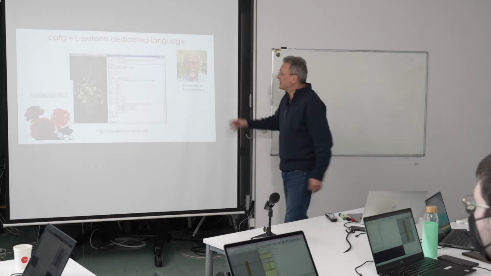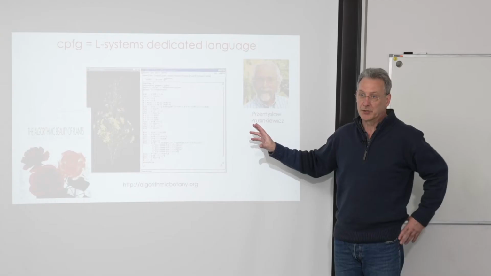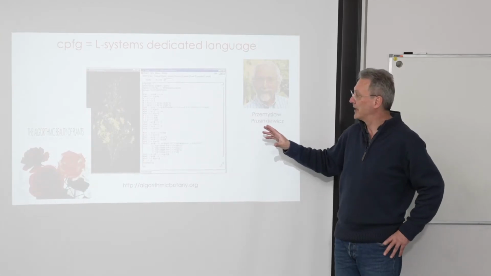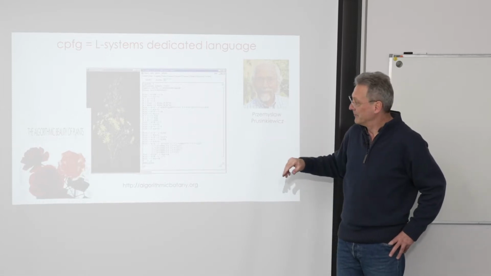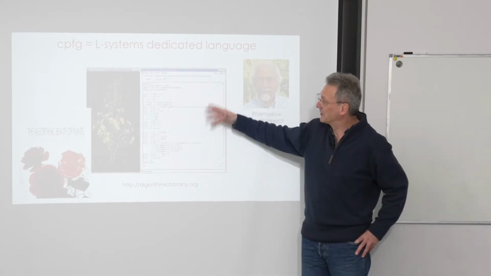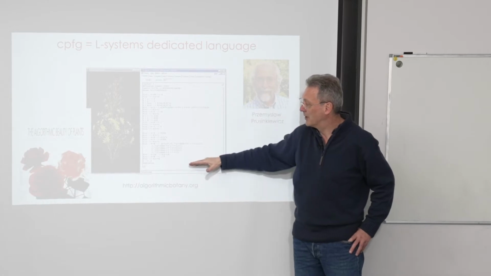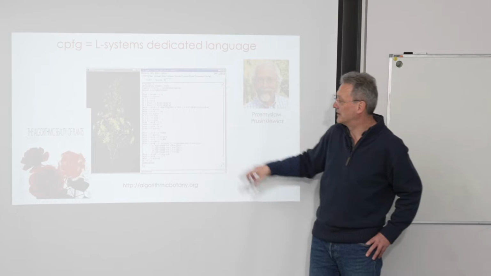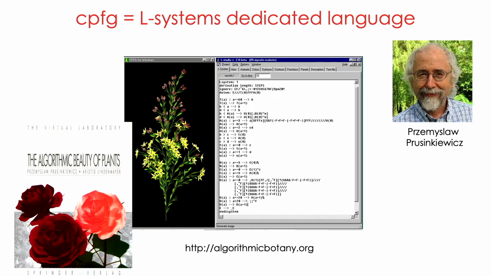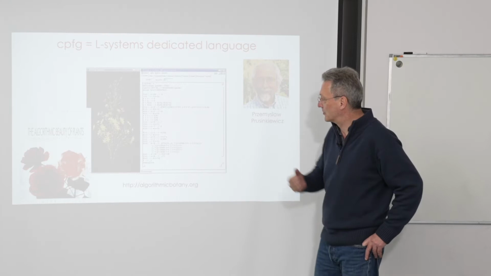So the pioneering work was carried out by Przemek Prusinkiewicz and his group at the University of Calgary. Originally, you had a homemade language that is called CPFG. This language made it possible to give tools to manipulate L systems in an easy and compact manner.